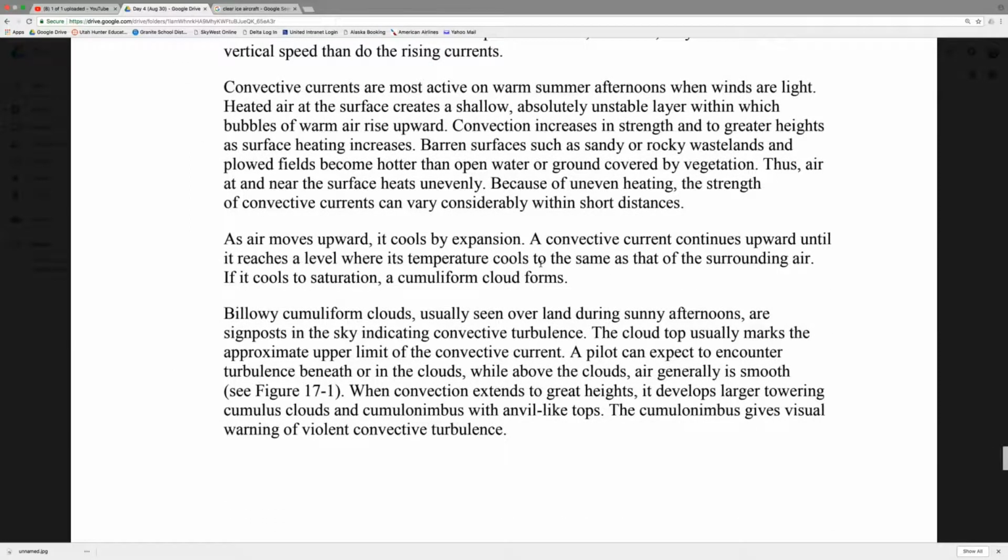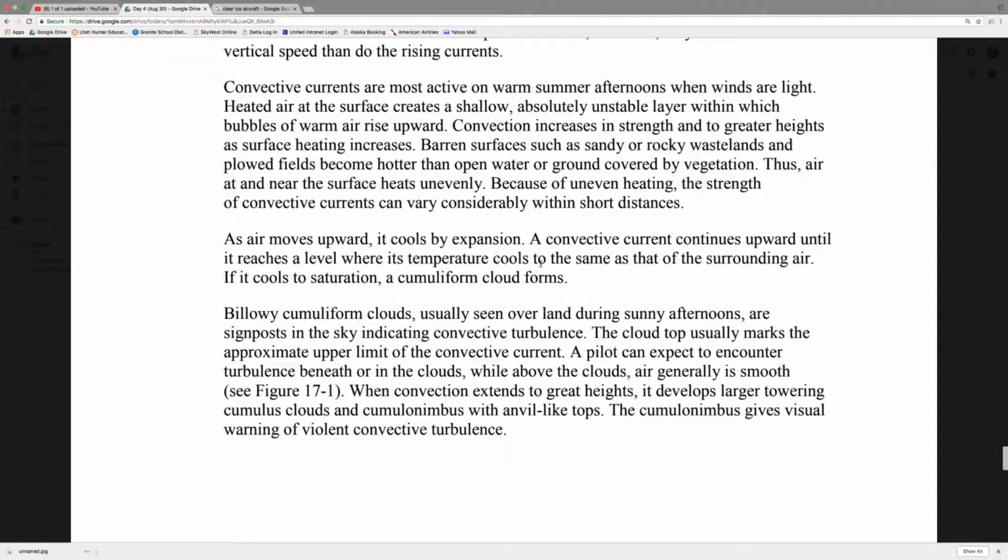The hotter it gets, the more turbulent it gets. We'll also see a lot of turbulence, convective turbulence, near thunderstorms. And thunderstorms usually become thunderstorms by the heat, right?